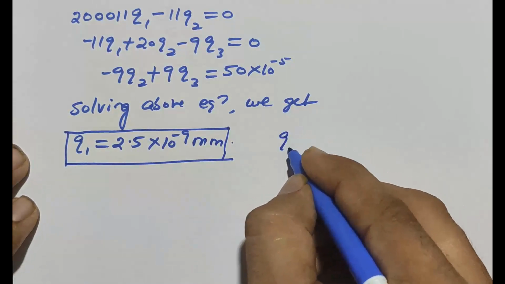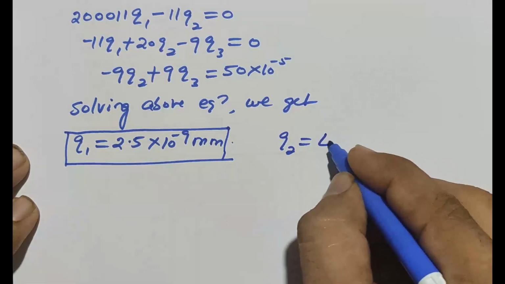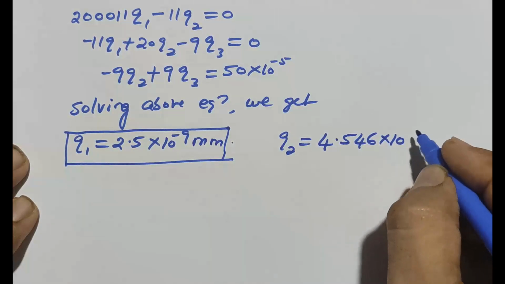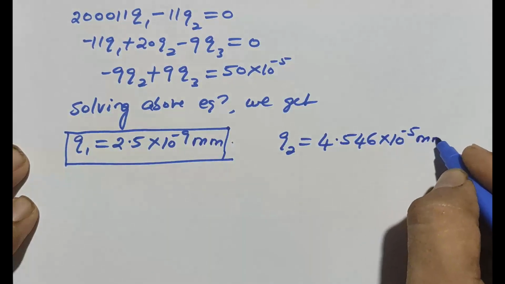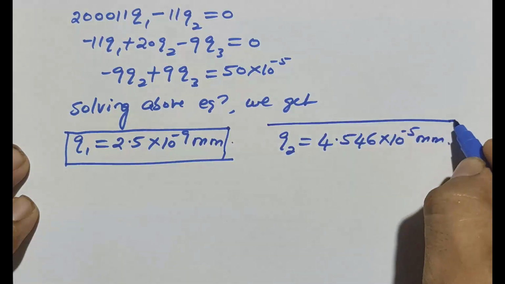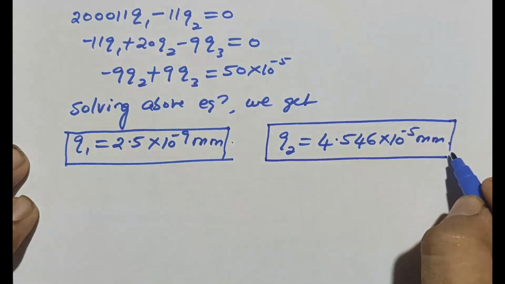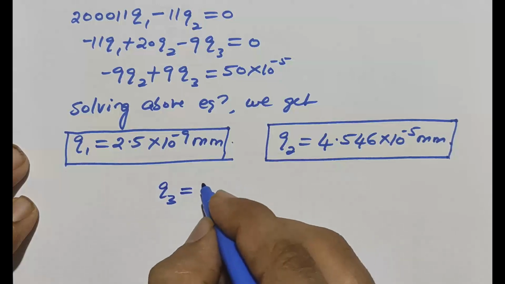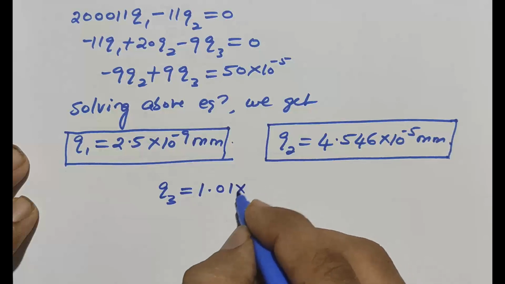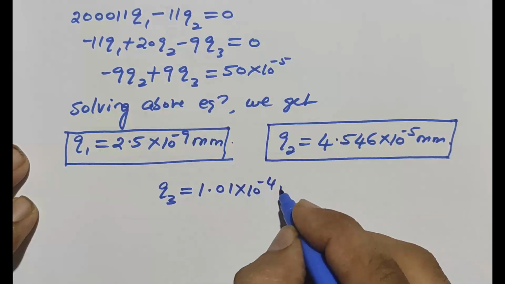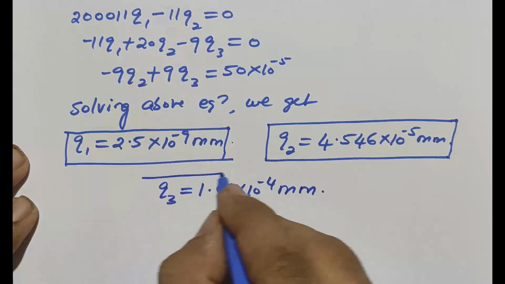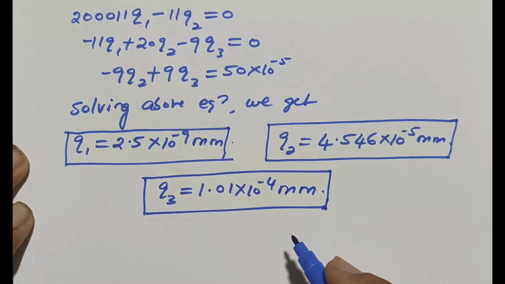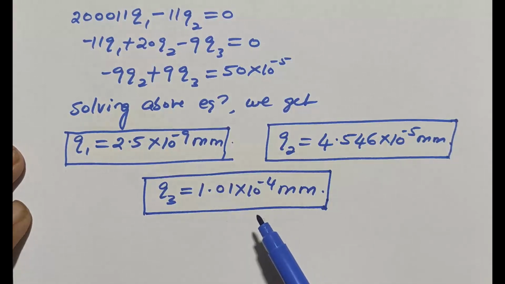Next, Q2 is equal to 4.546 into 10 power minus 5 mm. This is the displacement at node number 2. And Q3 is equal to 1.01 into 10 power minus 4 mm. This is the displacement at node number 3. So these are the nodal displacements.